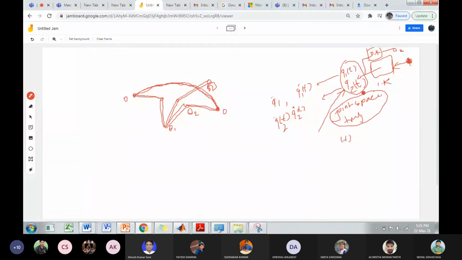Joint space means the vector of joint variables, that is q1, q2, q3. So n dimensional space may have n number of joint variables. So a joint space trajectory means the variations with respect to time in the joint space, that is individual elements of the joint vectors. Clear?